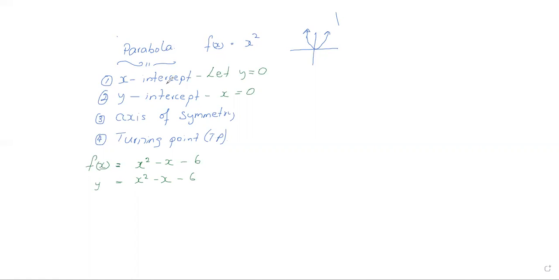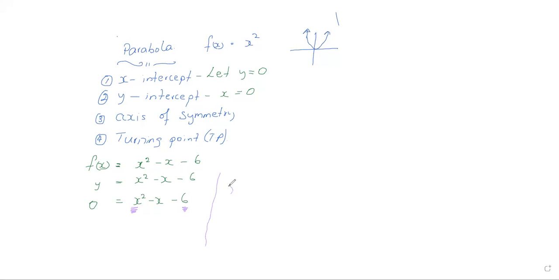When you look for the x-intercept, equating y to 0, we have x squared minus x minus 6. Now, if you have a trinomial of this nature, you get the first term and the last term.